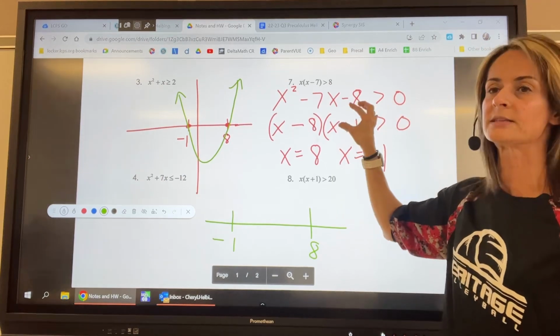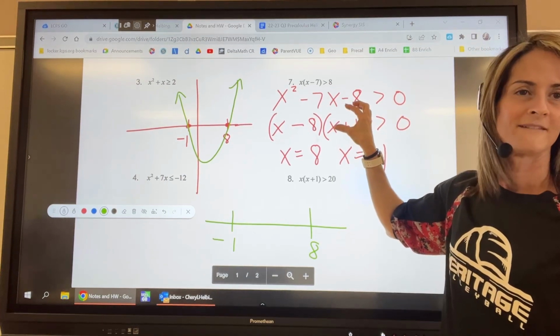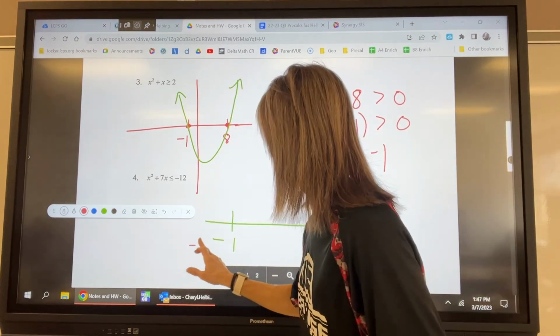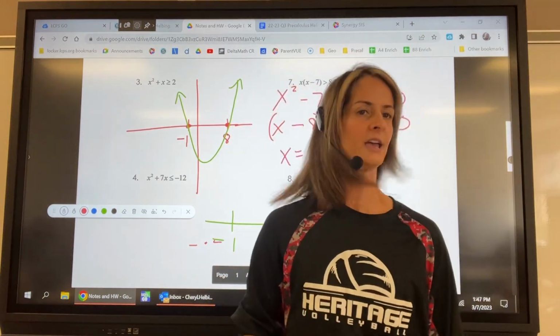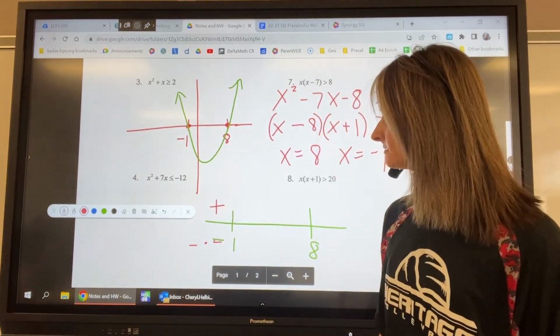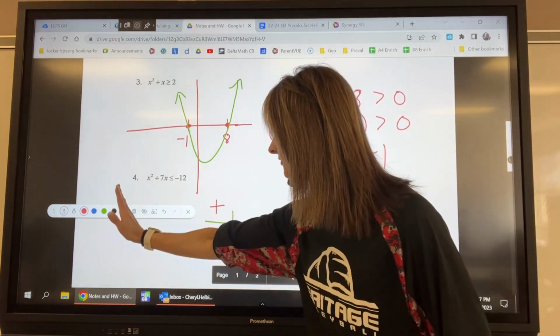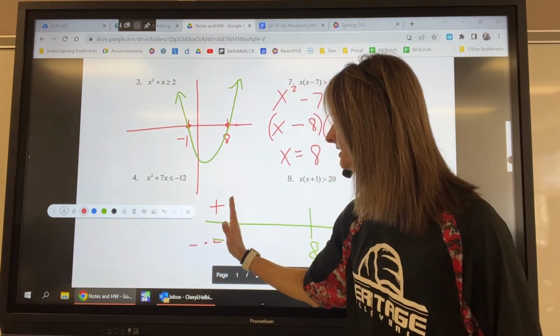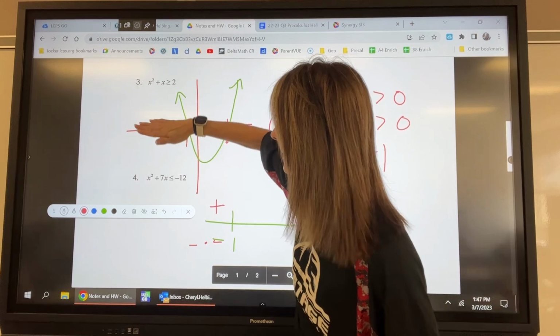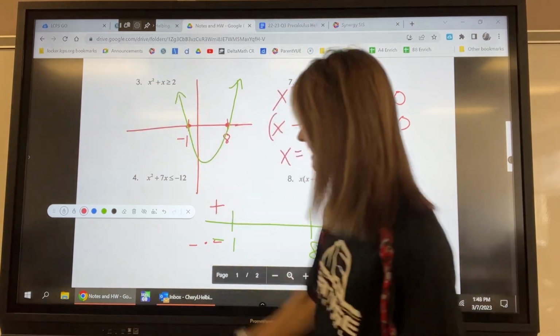Negative 2 plus 1 is also negative. A negative times a negative is a positive. So the y values for all these x values up to negative 1 are going to be positive, and the graph confirms that. See how the y values are above the x-axis.